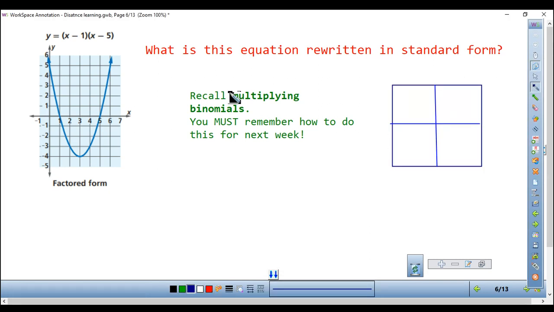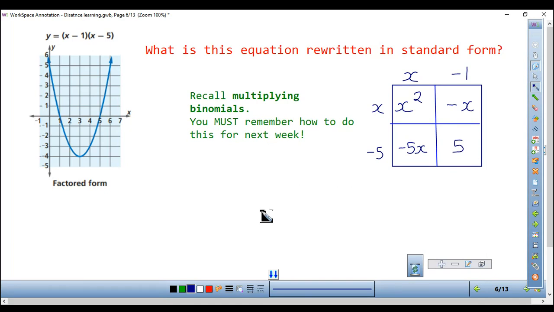So if you recall, we can write x minus 1 multiplied by x minus 5. We can work this out. This is how we're just going to rewrite it. We're not really doing anything with the graph. So this would be x squared. X multiplied by negative 1 is negative 1x. Negative 5 multiplied by x is negative 5x. This is all review. Negative 5 multiplied by negative 1 is positive 5.